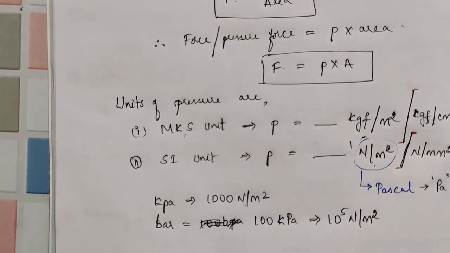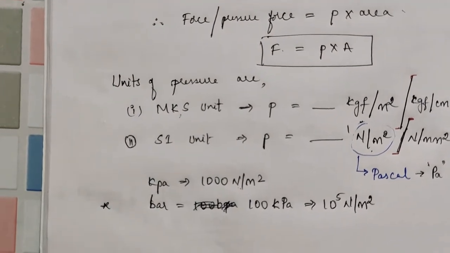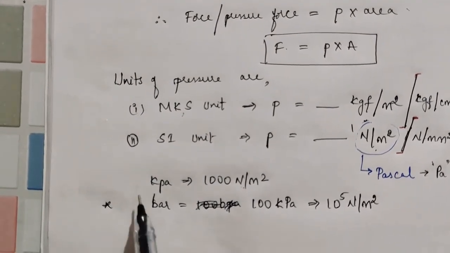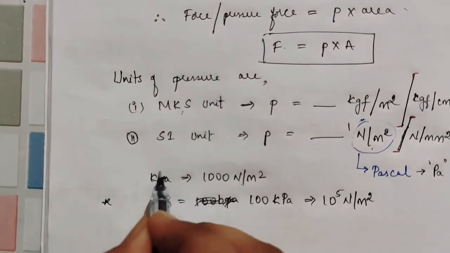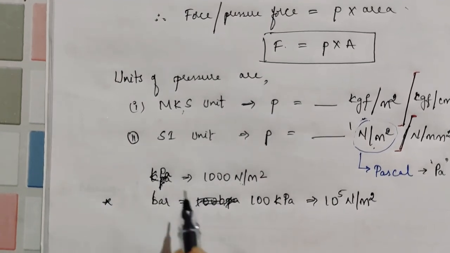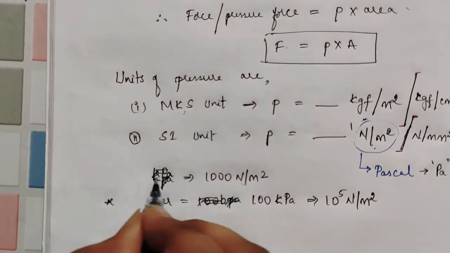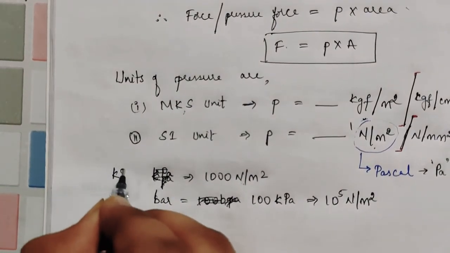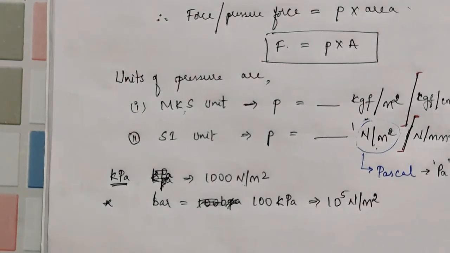If you practice daily, you can remember this bit by bit. Kilopascal means 1000 Newton per meter square, and you should write P as capital and A in the suffix. This is the right way to write.